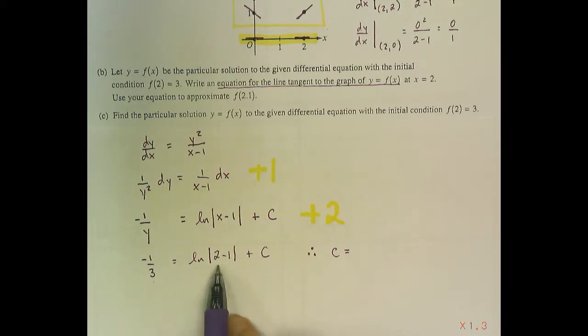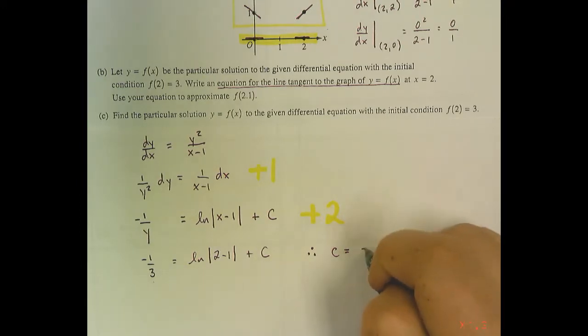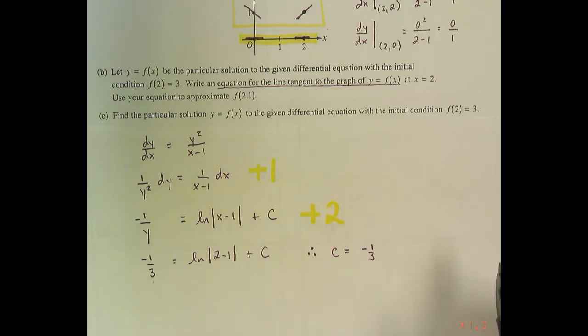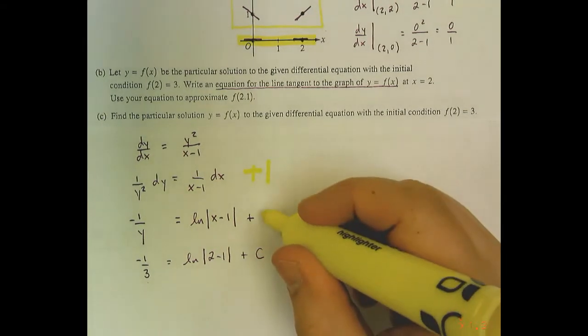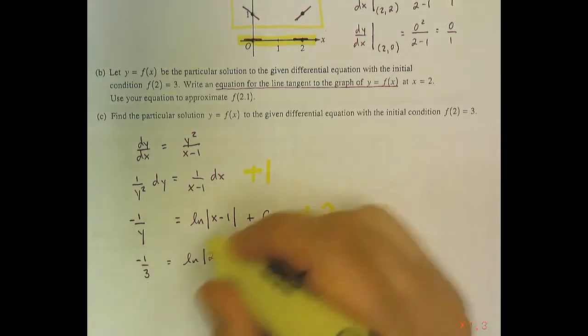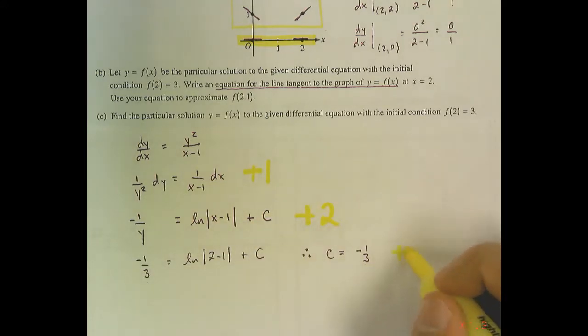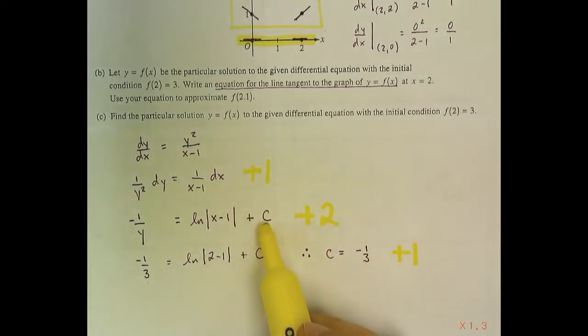The natural log of 1 is equal to 0. So we have negative 1/3 equals 0 plus c. So c is negative 1/3. Okay. So you get your next point if you use the constant of integration and the initial condition. So 1 point for using the constant of integration and the initial condition.